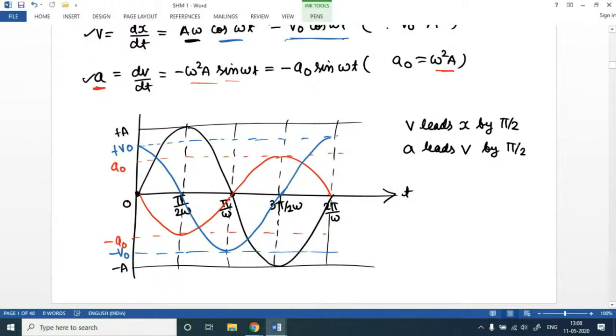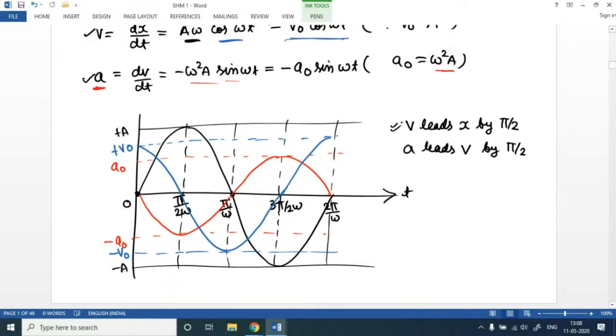When we differentiate a sinusoidal function with respect to time, the function which we get after differentiating leads the previous function by a phase of pi by 2. So that you can also see in this diagram that the blue curve is leading the black curve by a phase of pi by 2.